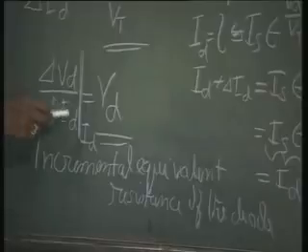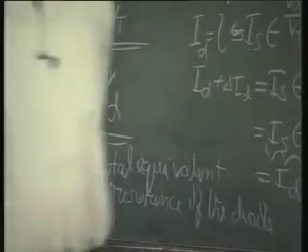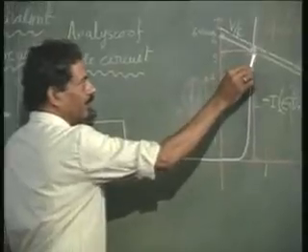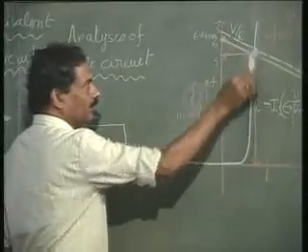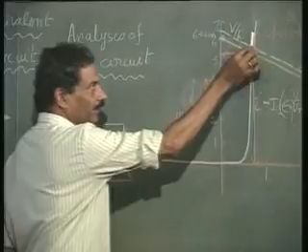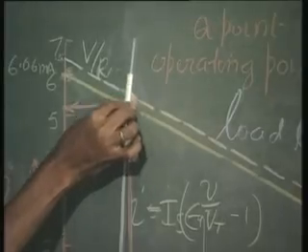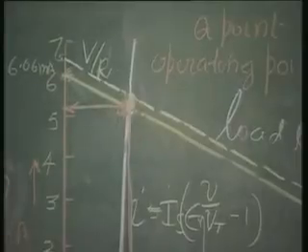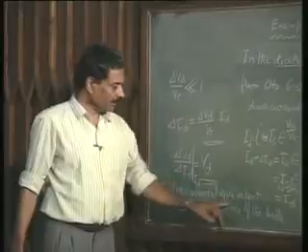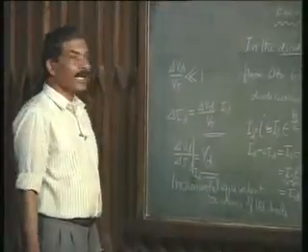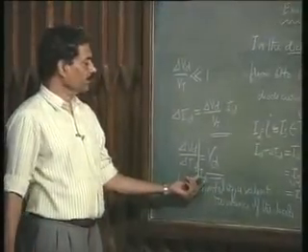Delta Vd by delta I diode, from the graph you can see, this is delta Vd and this is delta Id. So, it is nothing but the inverse of the slope at this point for the characteristic. So, this is the slope at this particular point for the characteristic. Incremental equivalent resistance of the diode can be evaluated around the operating point I diode.